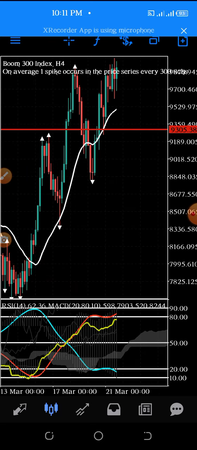We say that support level in the market simply means the highest level the bears, or the sellers, push the market down before the bulls, which are the buyers, took over from them. That is support.